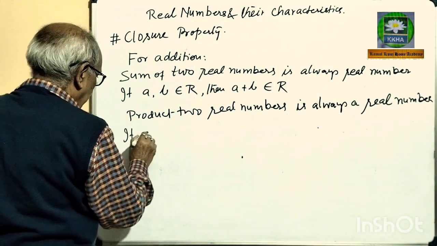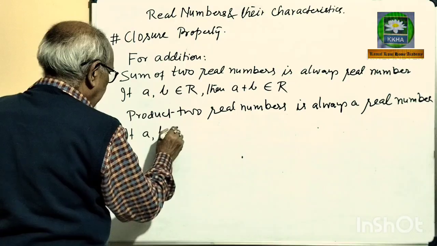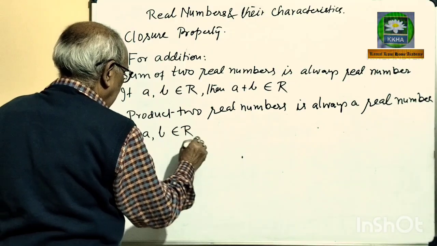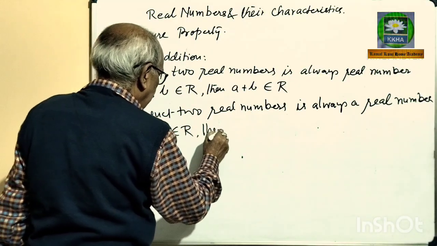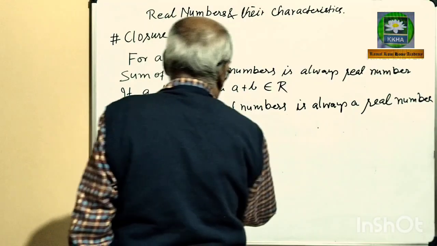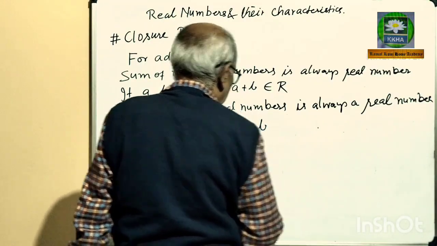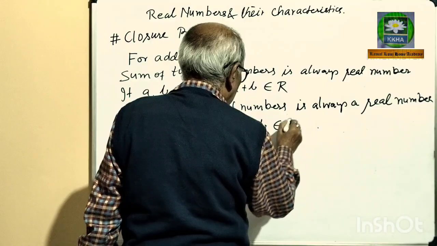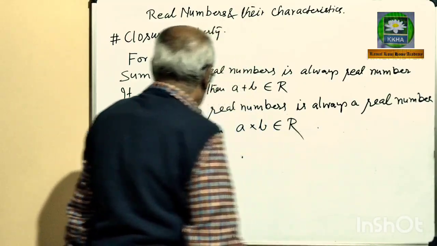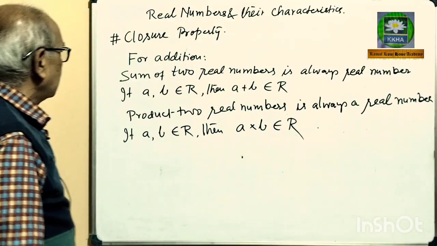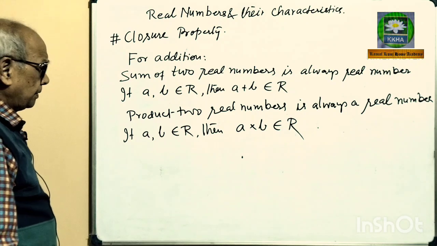If A and B belong to R, then A multiplied by B, the product of A and B, also belongs to R. This is the closure property.